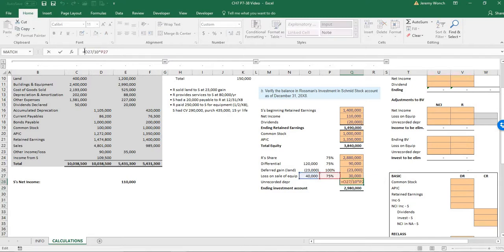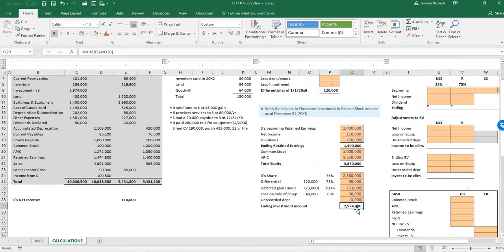And since that's depreciation, that should be negative. So that gets us, hopefully, to, yep, okay, good. The ending account balance in the investment account is 2974. We got 2974. Good. So we identified everything that went in or out of that investment account.